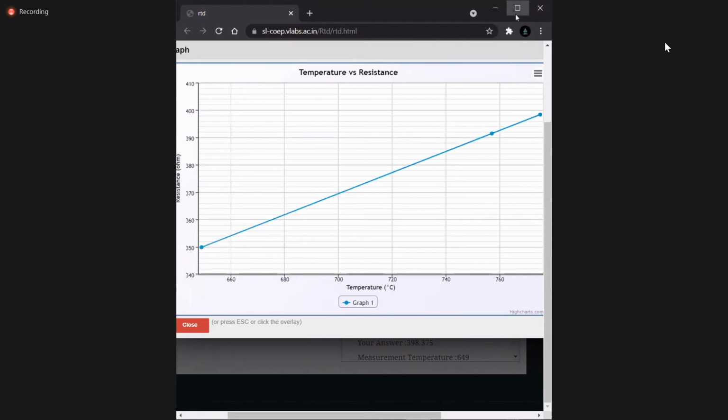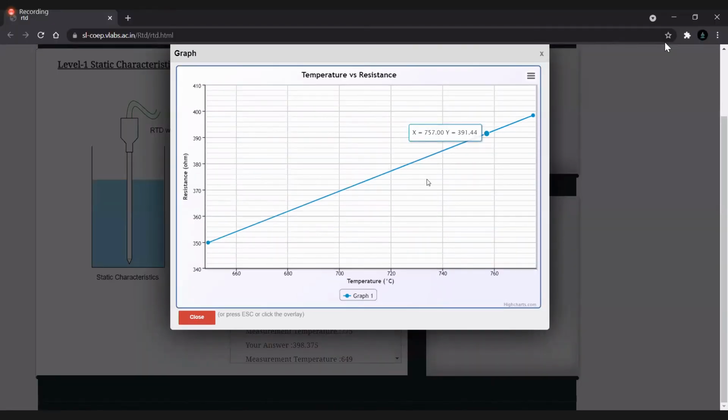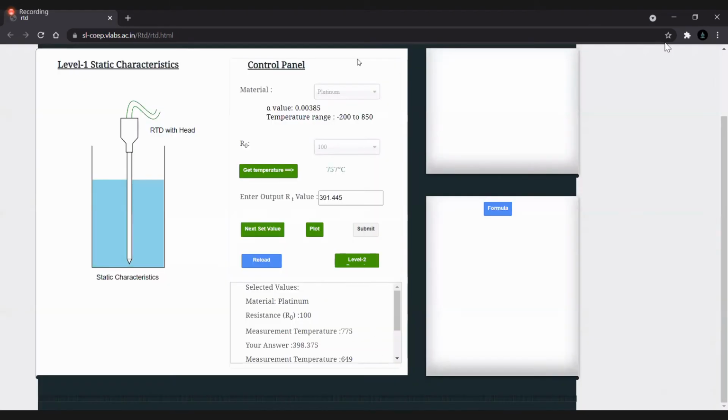What is the x-axis, Mr. Vishwanath? What is the x-axis parameter and what is the y-axis parameter? Show me your plot.